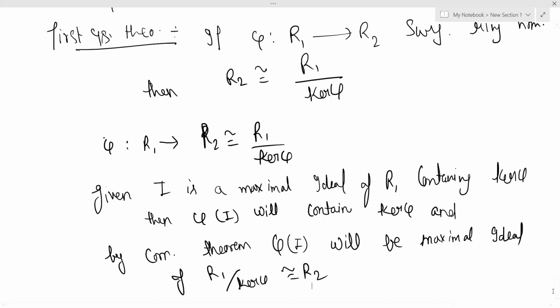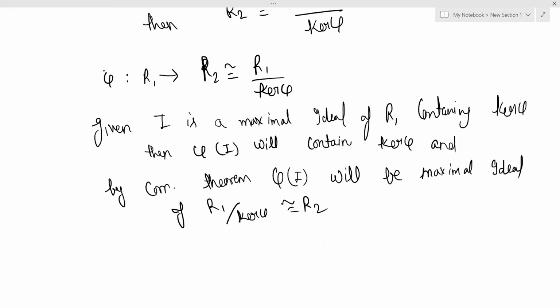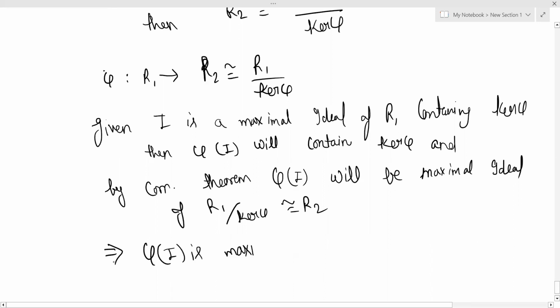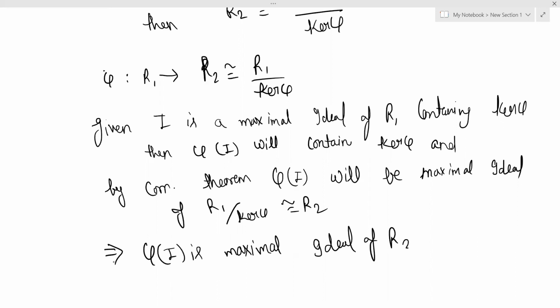This implies phi I is a maximal ideal of R2. So done.